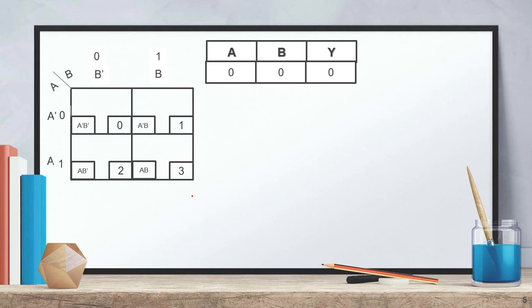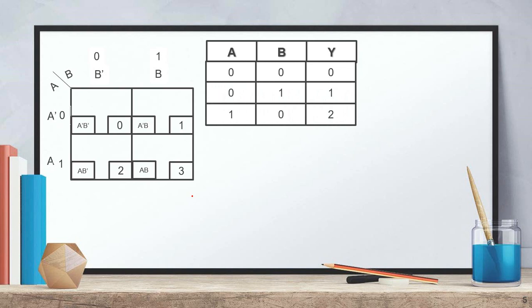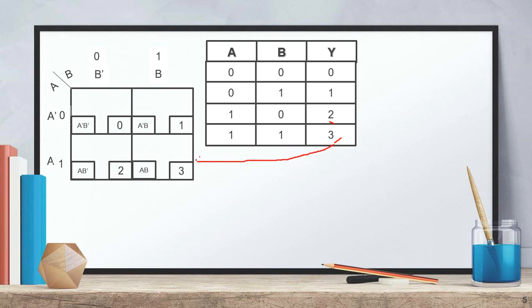Next condition A 0, B 1, Y is 1. A is 1, B is 0 is called 2, and in the same way A 1, B 1 we call 3. This is what we have taken exactly here. 3 means this portion, 2 means this portion, 1 means this portion, and 0 means this portion.